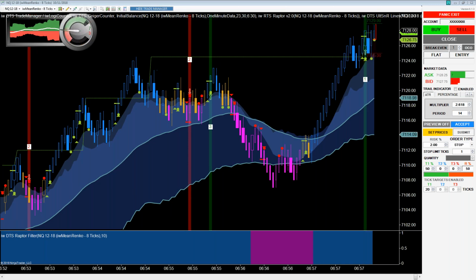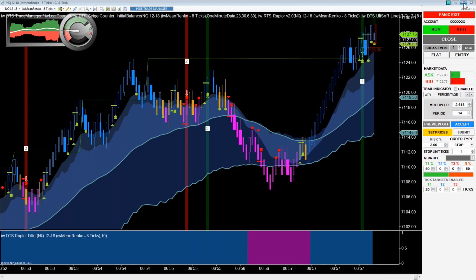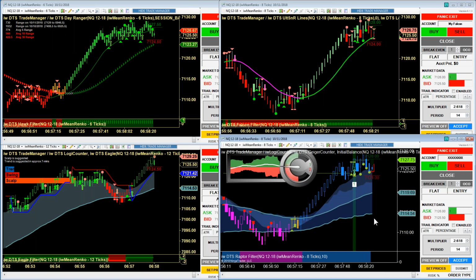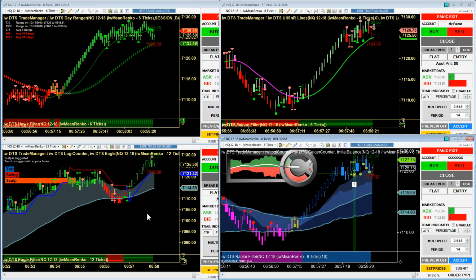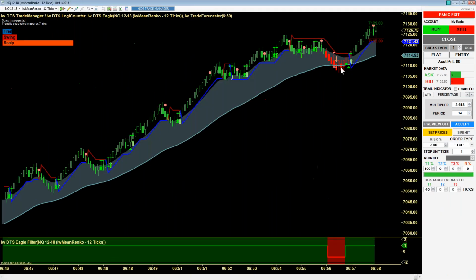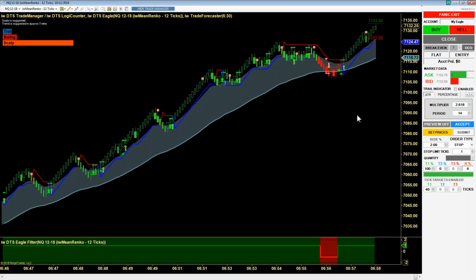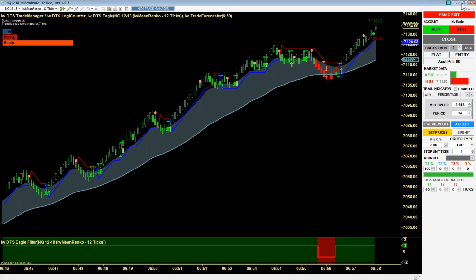And like I said, unfortunately, I was just a little bit late getting to that one. Here on the Eagle, you can see it very plainly as well. Turns into a red bar buy, which on the Eagle is a very strong signal. Oh, brother.